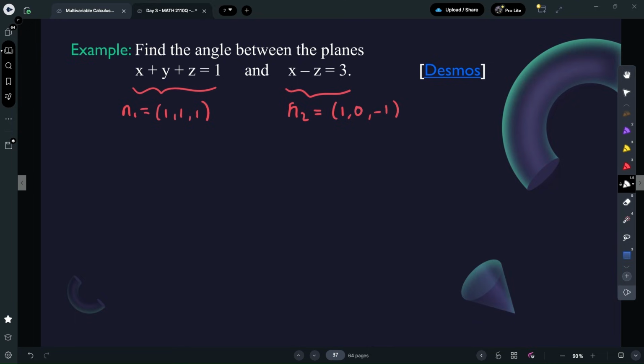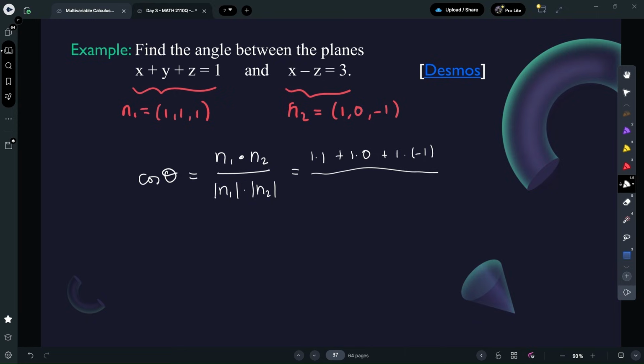And then the cosine of the angle between them will be given by the dot product divided by the length of N1 times the length of N2. So let's do that. What is the dot product? The dot product will be 1 times 1 plus 1 times 0 plus 1 times minus 1.